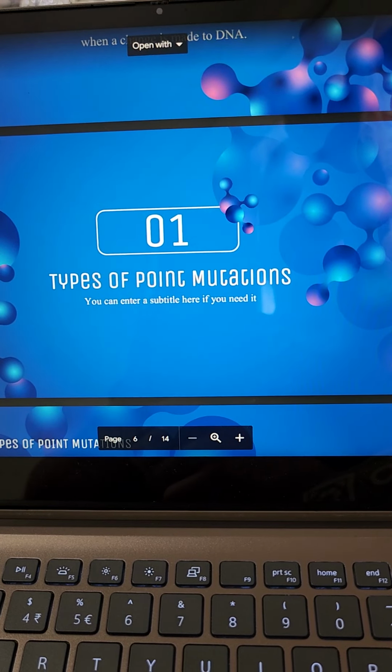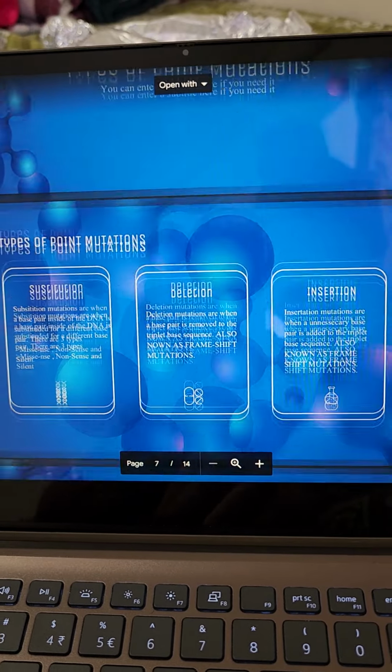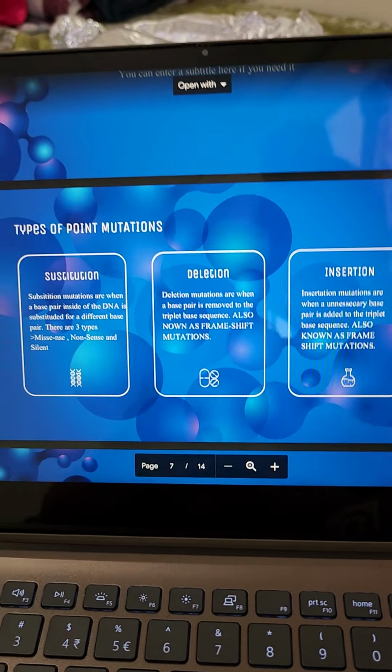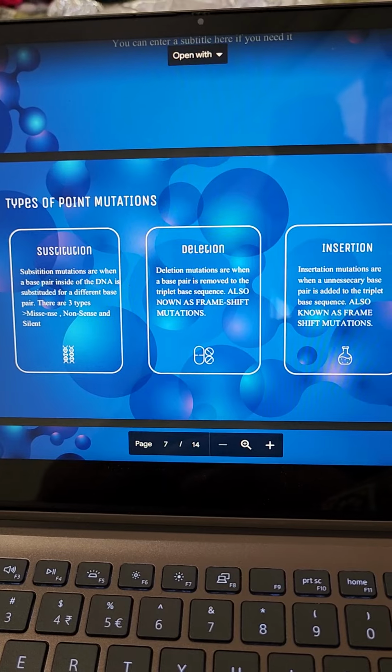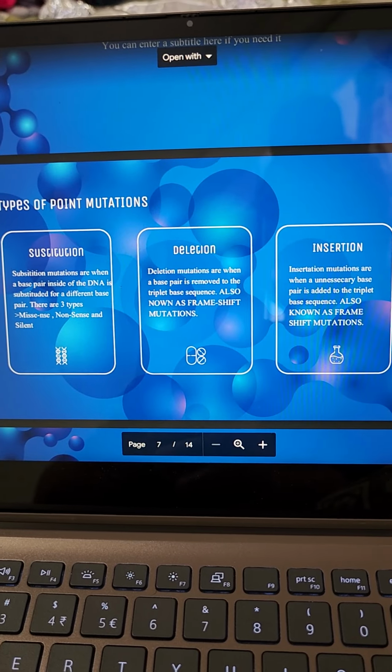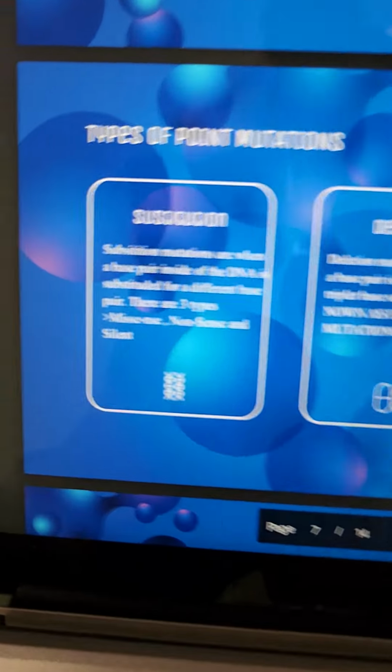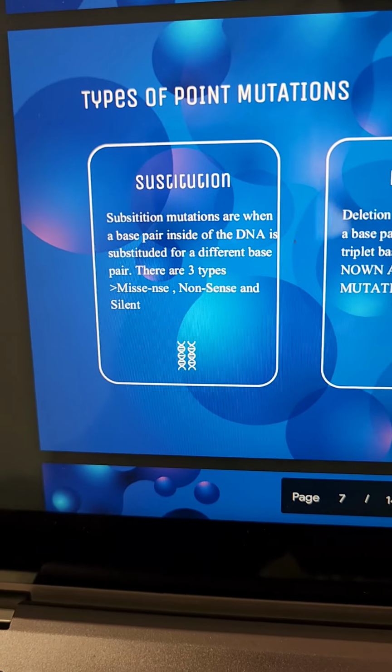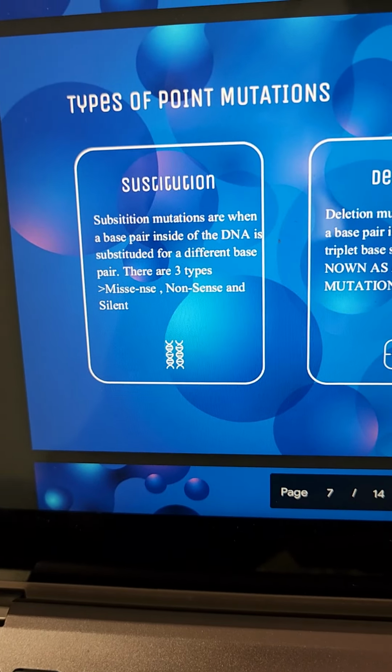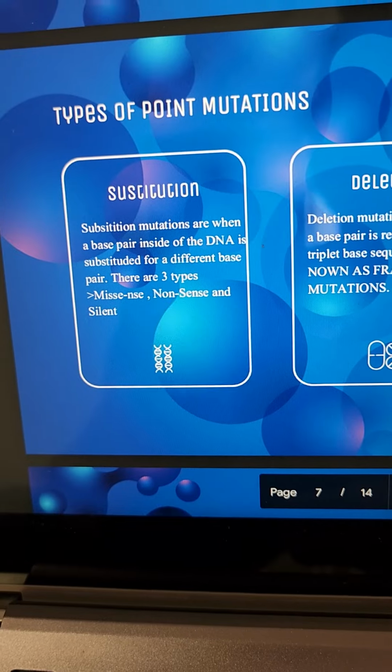Types of point mutations. There are 3 different types of point mutations: substitution, deletion, and insertion. Substitution mutations are when a base pair inside of the DNA is substituted for a different base pair.